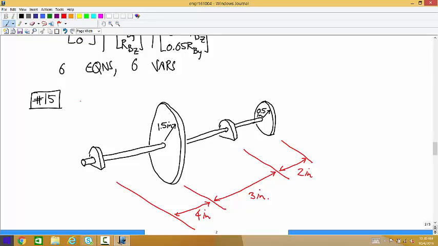And then the external loads: there's a downward force there of 96 pounds. A horizontal force of 265 pounds.